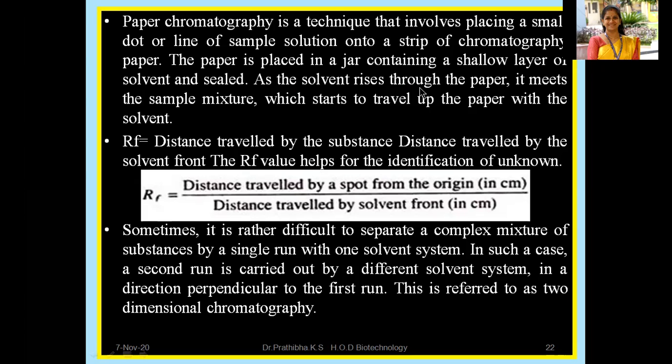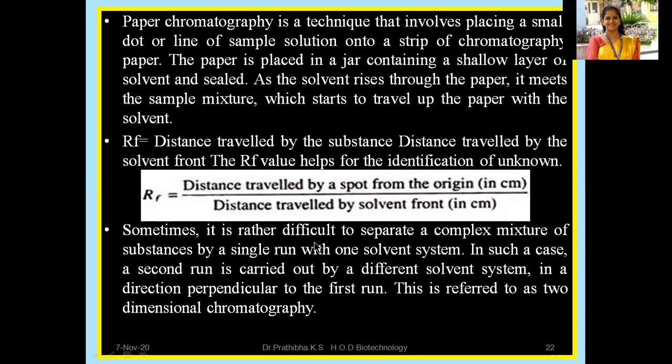As the solvent rises through the paper, it meets the sample mixture, which starts to travel up the paper with the solvent in an ascending order, right? The RF is equal to, I've already told you in the previous slide, distance traveled by the substance divided by distance traveled by the solvent front. The RF value helps for the quantification of unknown samples.